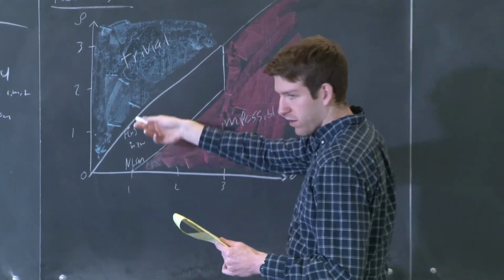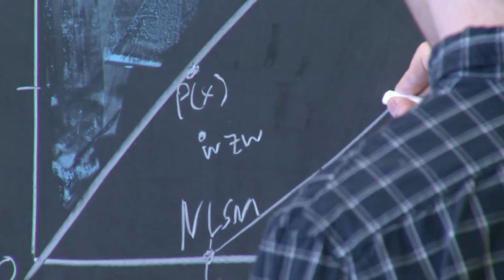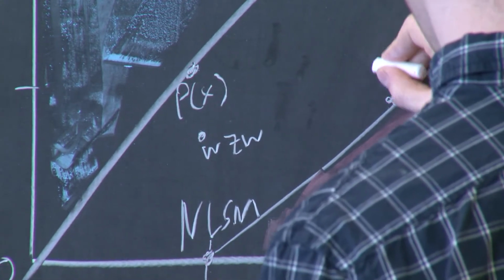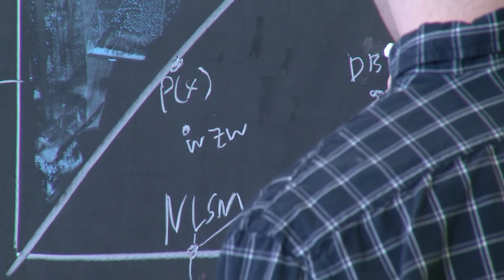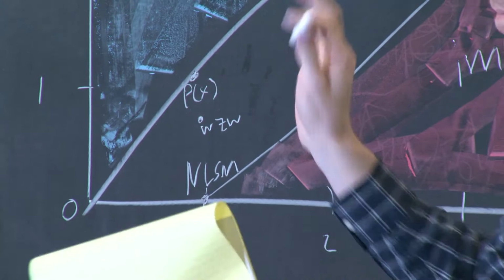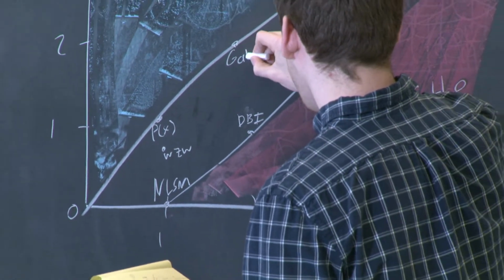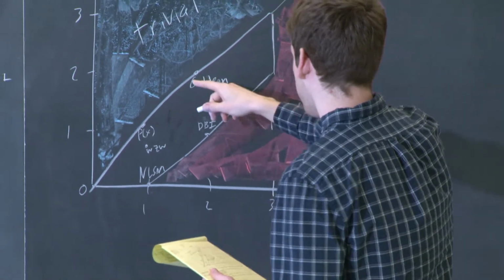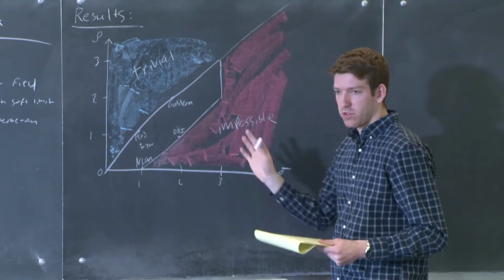It's living somewhere here, depending on V and D. There's the DBI, or Dirac-Born-Infeld theory, which is coming from some considerations of D-branes and who knows what. There's the Galileon theory, which lives here. And again, the details of what these are don't really matter. They're just theories which you might be interested in.